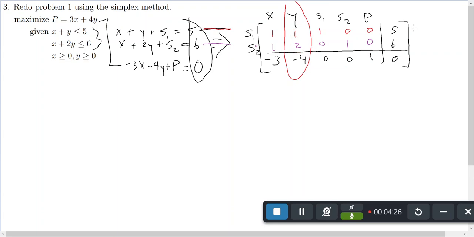For the first row, we take 5 over 1, that's 5. Then we take 6 over 2, that's 3. So which is smaller, 3 or 5? Well, 3 is smaller. So that means that this row has become the pivot row.